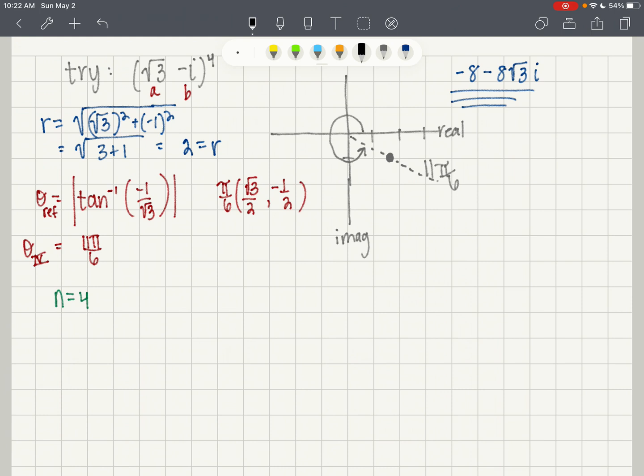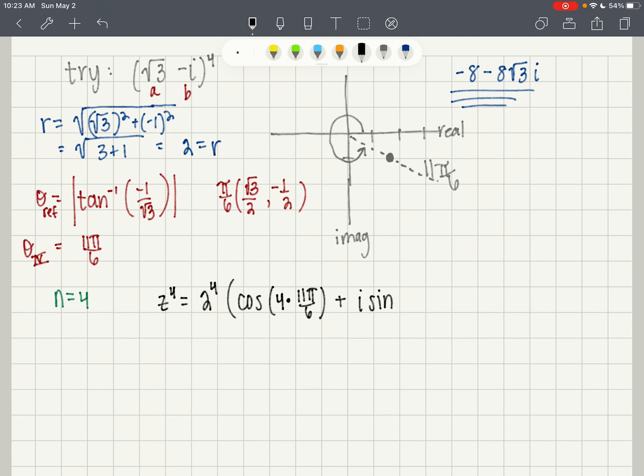So here we go. We've got z to the 4th power equals r, which is 2, raised to the 4th power, times the quantity cosine of 4 times 11 pi over 6. I'm going to do that in my head. 4 times 11 pi over 6 is 22 pi over 3.